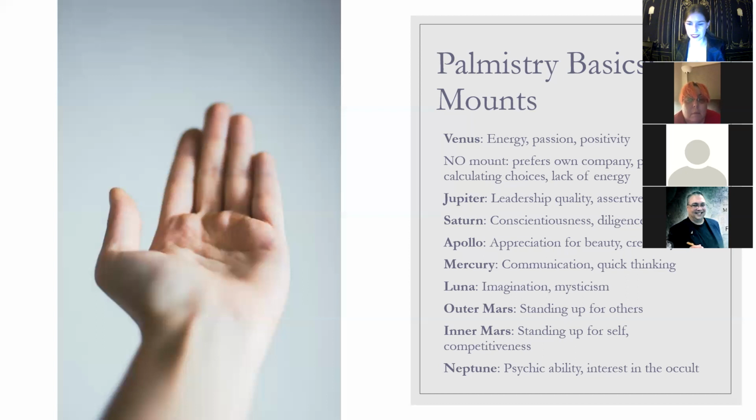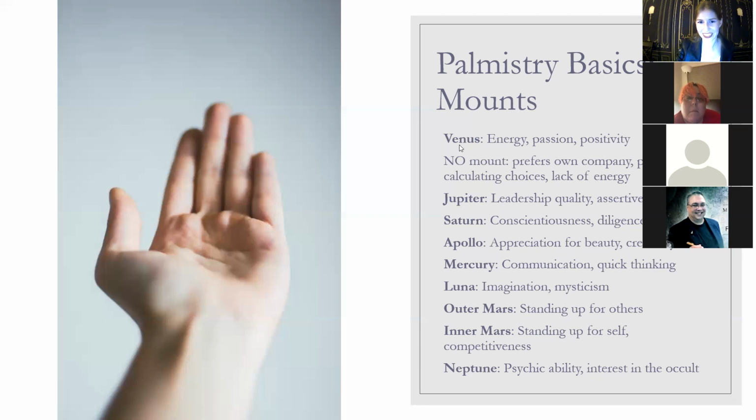So you'll find it is very common that mounts are slightly displaced one way or the other. Once you really get into palmistry, you can actually read into where the mount is displaced, but we're not going to have time to go over that today. We're just going to start with mounts.